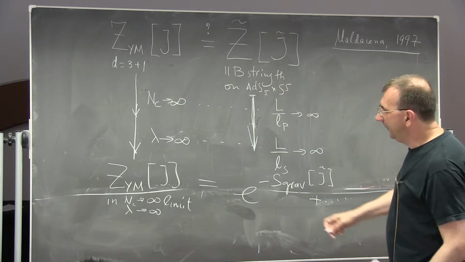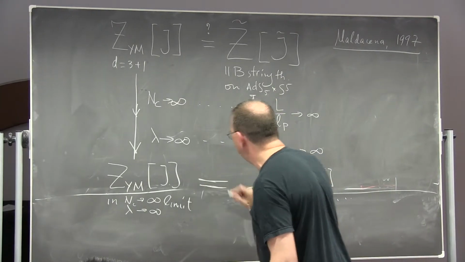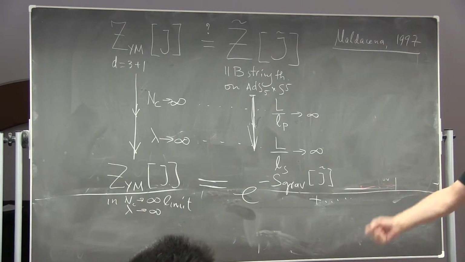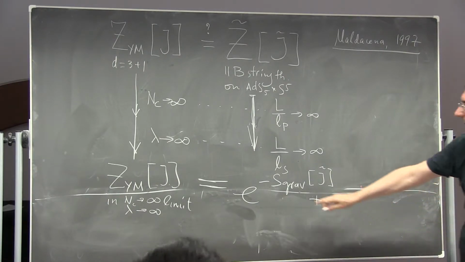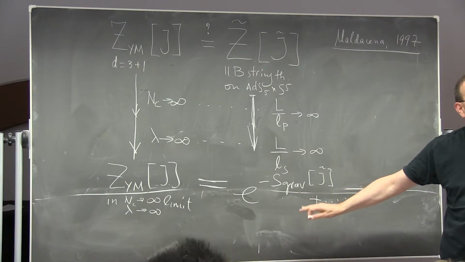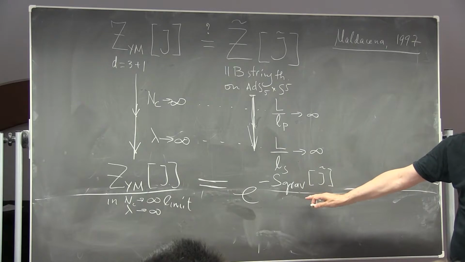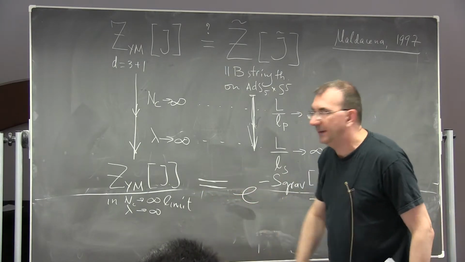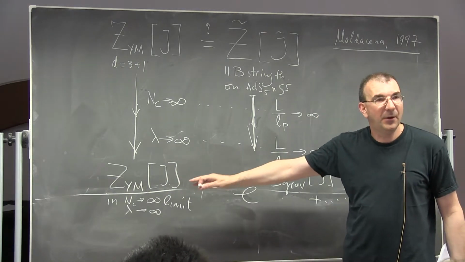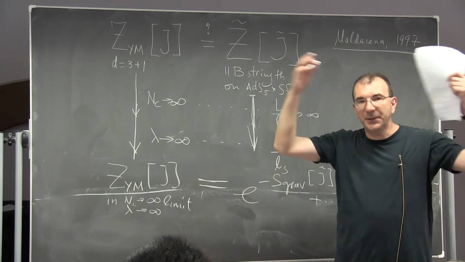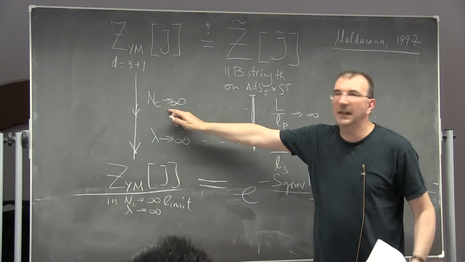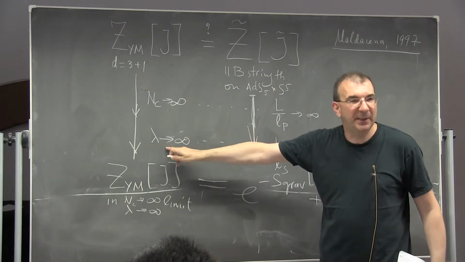Fine. So what we achieved by taking this limit is some operational freedom. Because we know how to calculate things with classical gravity, even in 10 dimensions, who cares? We know everything about this right-hand side. But look at the left-hand side. The left-hand side is a generating functional of Green's functions and free energy and God knows what you want to calculate, in the limit of infinite colors, that's fine, and infinite coupling.